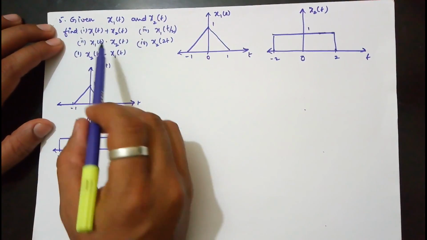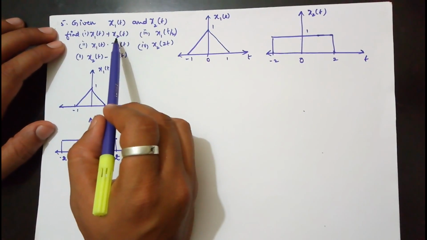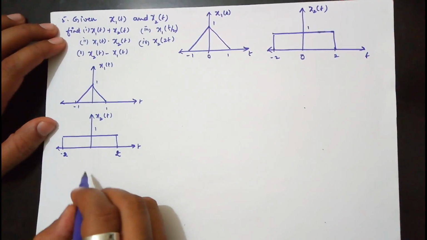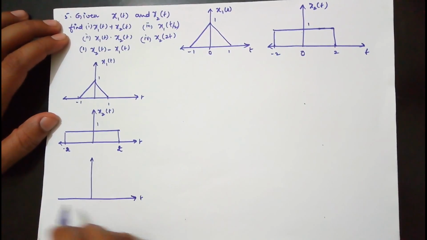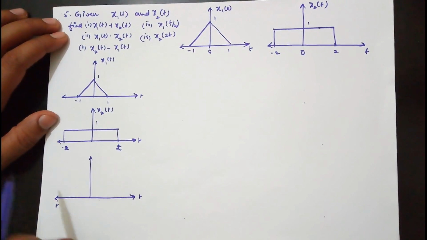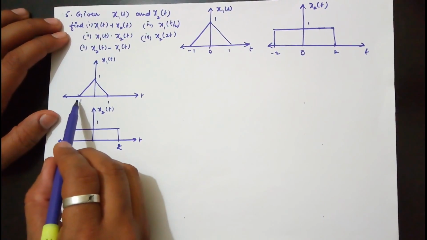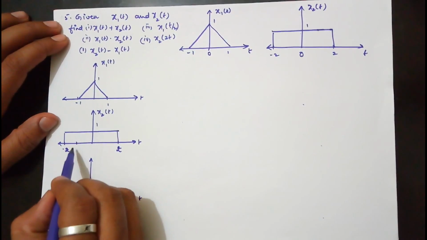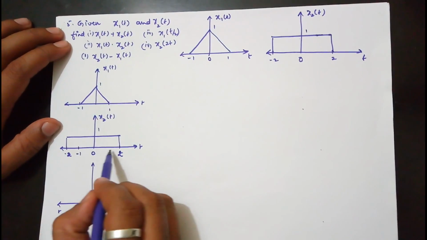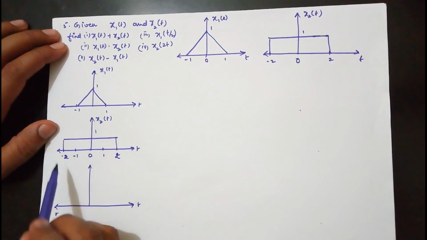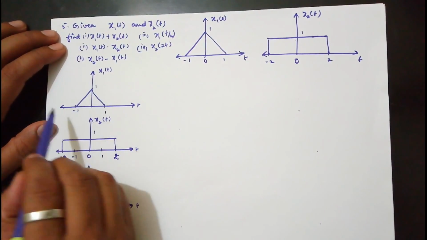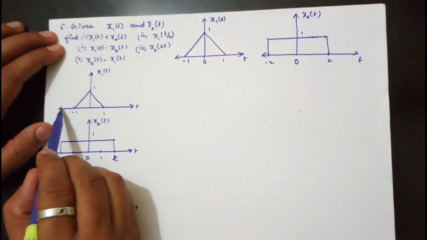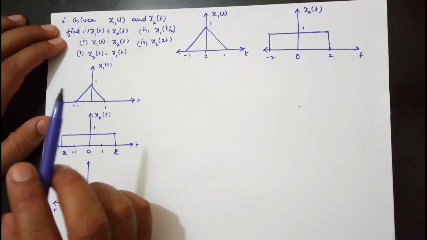Now for the first case, it is x1 of t plus x2 of t. The addition of these two signals will result in a waveform. See, if I take an interval -1 here, 0 and 1 here, there is no waveform of x1 of t between the limits -2 to -1.